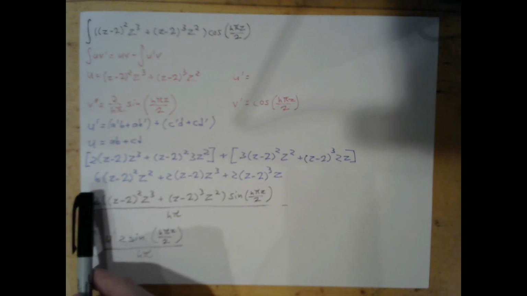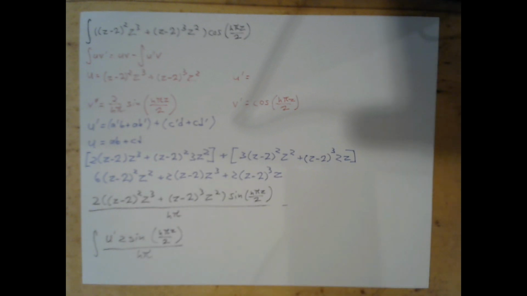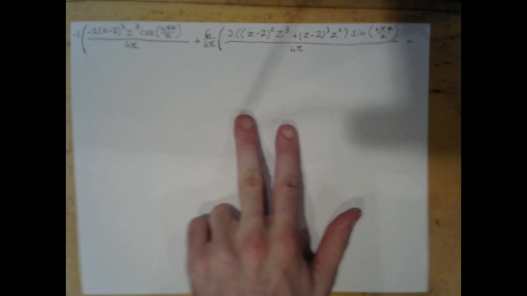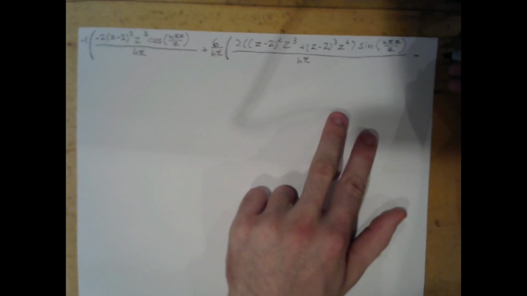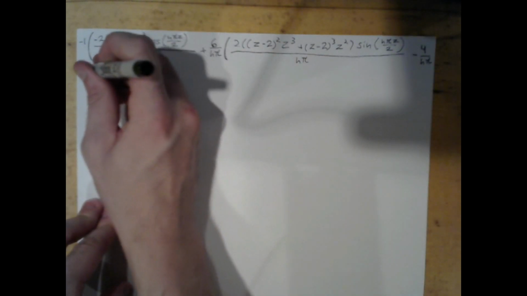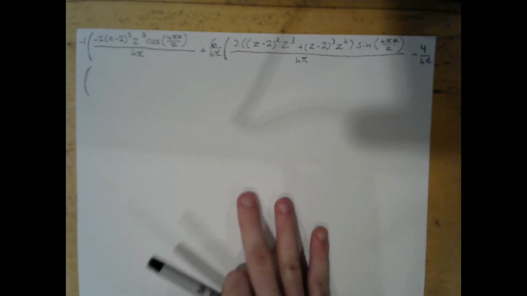Can't do anything about the 12. It's going to become 3 times this term. The others are just going to be these terms. So let's say on here, we're going to divide out, we're dividing out, this is positive, and there's a minus, so it's going to be negative 4 over h pi.